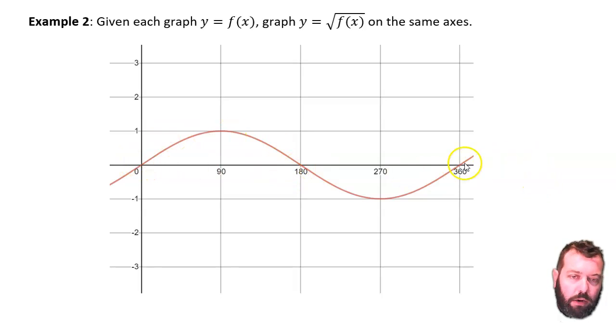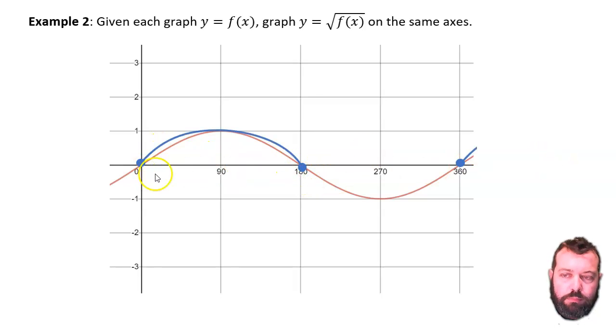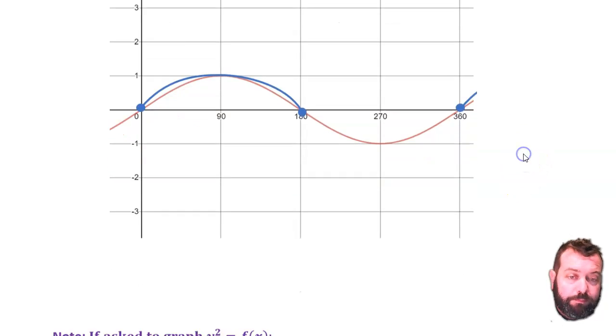And again, recurring as this periodic function repeats itself. So the zeros are still equal to 0, and my function will sit slightly above sine x. The square root of sine x will always be more than sine x where it exists.